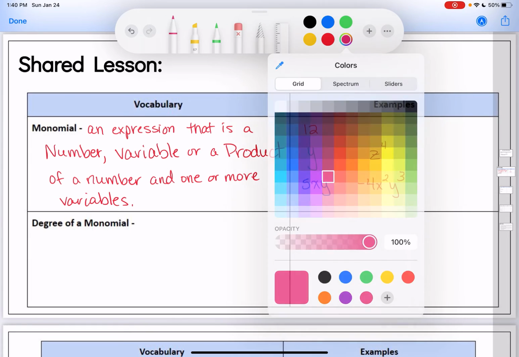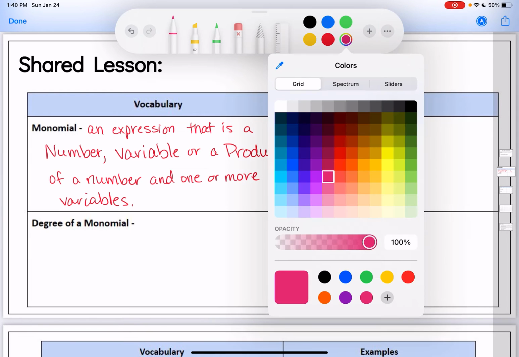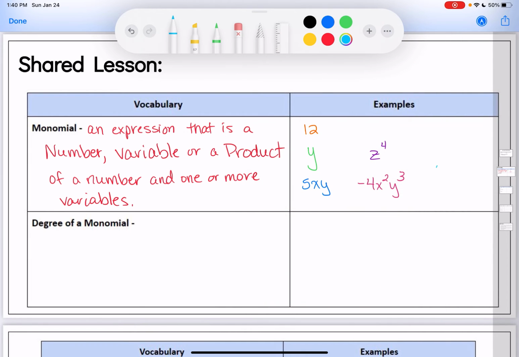I could have 1/2 z. That's a number and a variable, right? So those are all examples of monomials. Notice there's no pluses or minuses here. If it's going to be a monomial, everything needs to be attached with multiplication, all right? So those are all excellent examples of monomials.